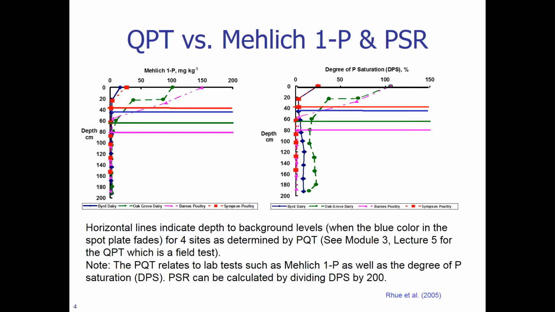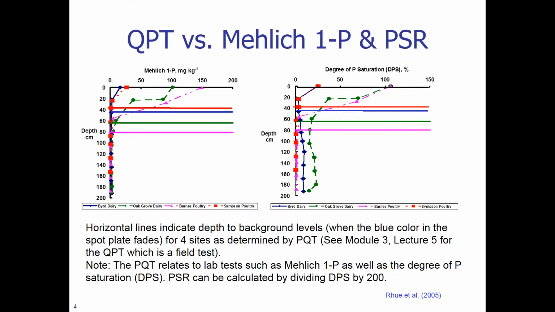And you will find a couple of misnomers, something that you don't expect, that is both the blue and the green lines. Why don't they exactly show background levels? Now here what you have is DPS, and of course the PSR can be calculated by dividing DPS by 200.